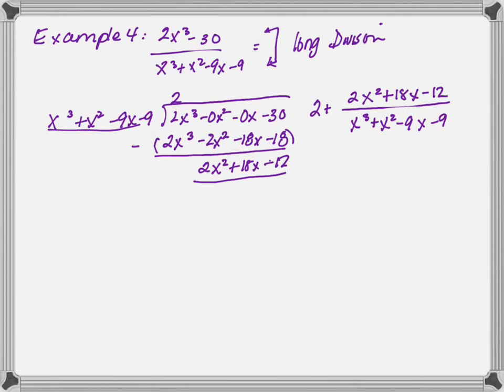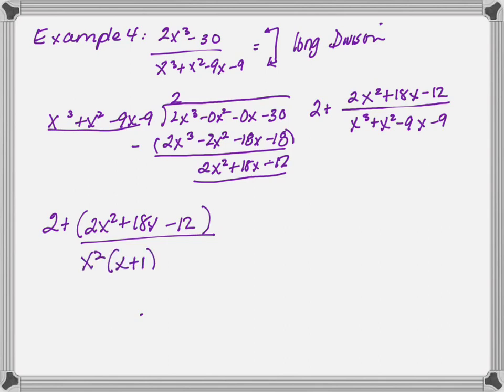So now let's factor this. This is 2 plus 2x squared plus 18x minus 12 all over, this is just the bottom part. Let's see, grouping for sure, right? x squared, x plus 1, minus 9, x plus 1.